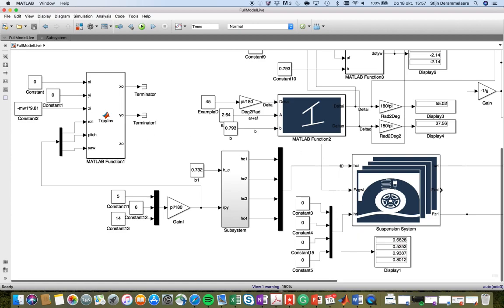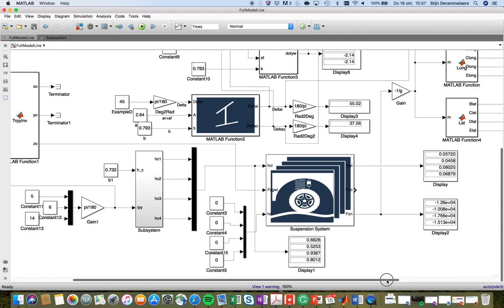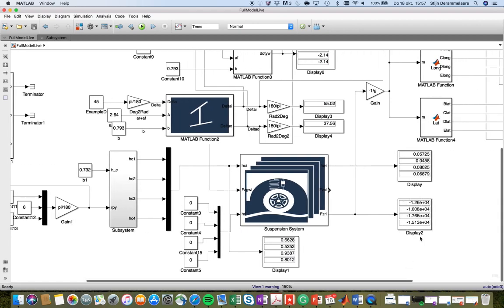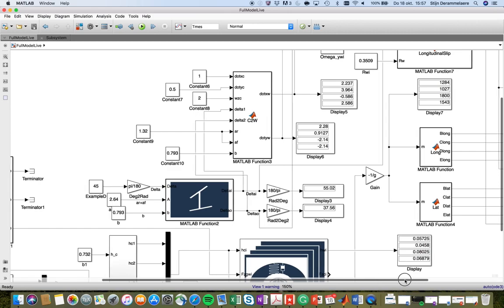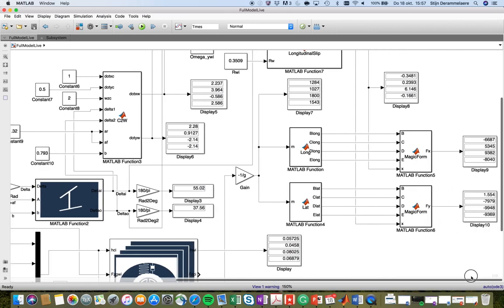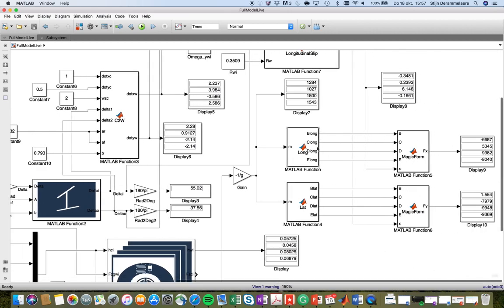So here we get the height of each corner position of the car. We have the suspension with its downwards forces, the downwards forces which we transform to the masses which are transformed to the coefficients B, C, D and E, and finally these forces should be the result.